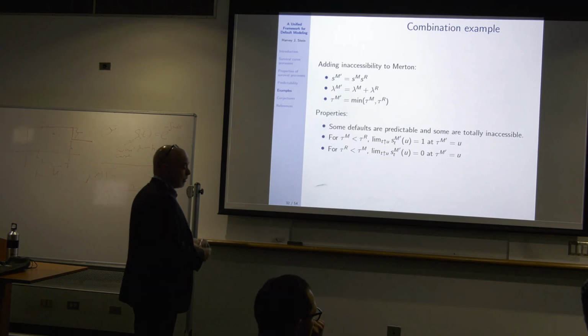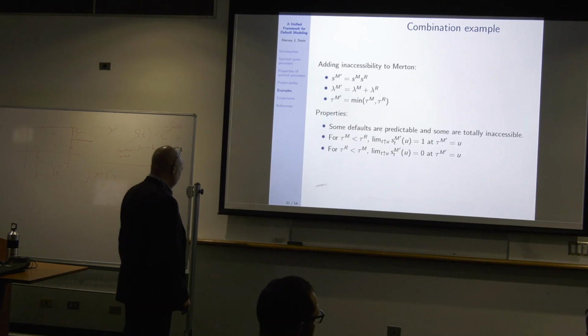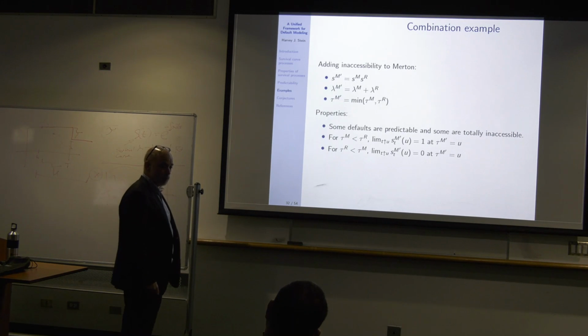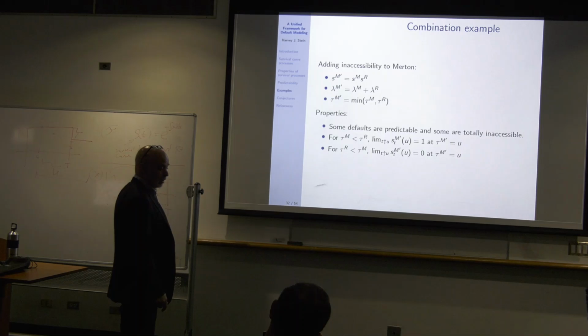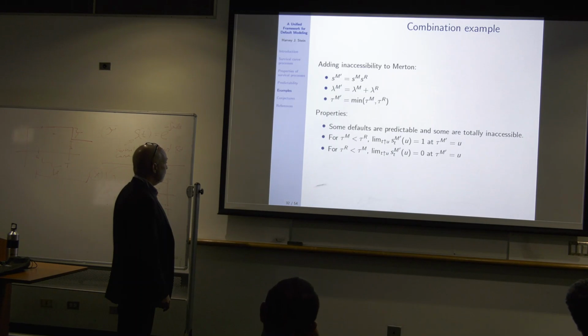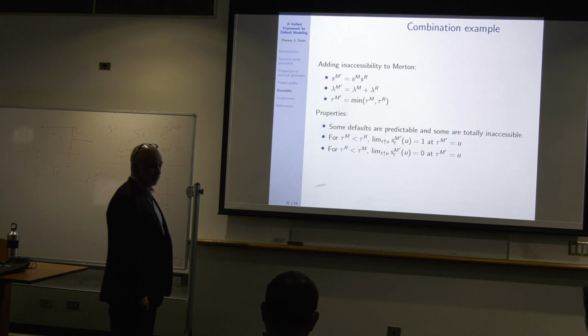I mean, early on in your talk, you had several distinctions between structural and reduced form. And one of those distinctions was whether tau, the default time, is directly specified versus derived. I think it's exogenous versus endogenous. Right, structural versus reduced. Yeah, I'm trying to avoid that language. So here, I would say tau is not completely endogenous like it is in Merton, because of the reduced form component.